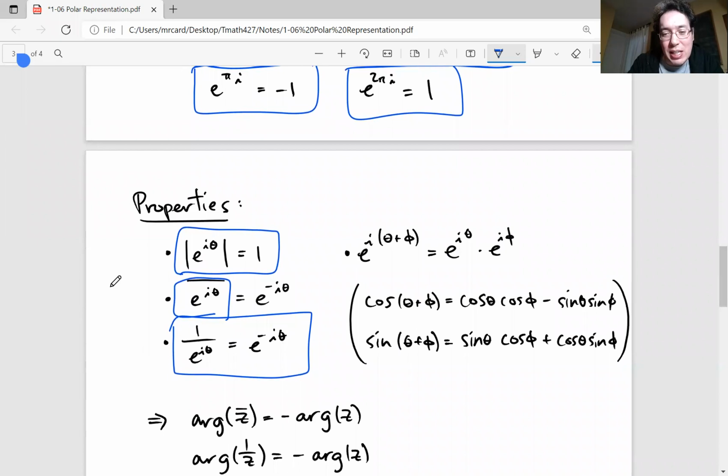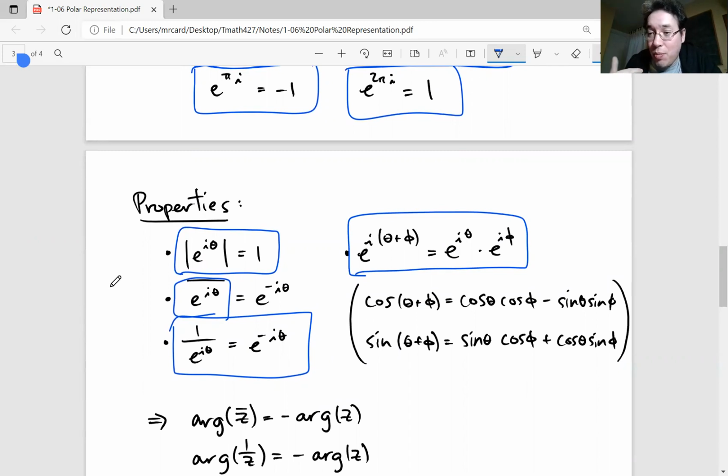In fact, you could show that the exponent rule that's true for real numbers, where a base to two exponents added together splits into two factors of the same base, still works with a complex exponent using Euler's formula.